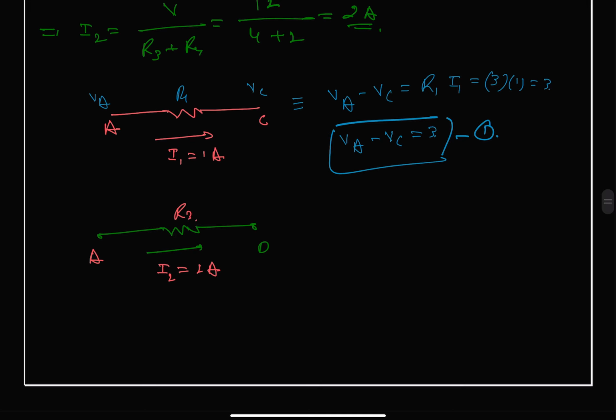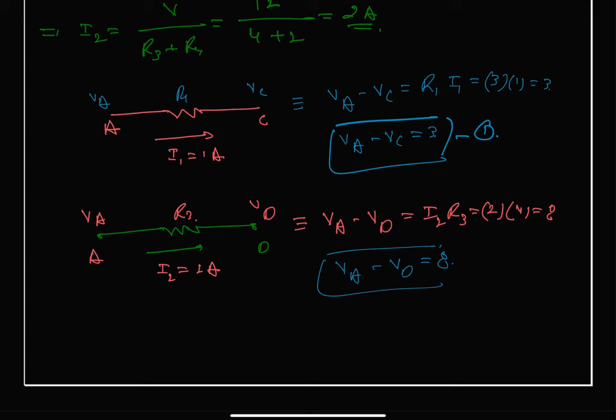We already know the voltage at A is VA, and for D we call this VD. So we can write VA minus VD will be equal to I2 times R3. I2 is 2 and R3 is given to us as 4. So this comes as 8. Therefore, VA minus VD is equal to 8. Let us call this equation number 2.